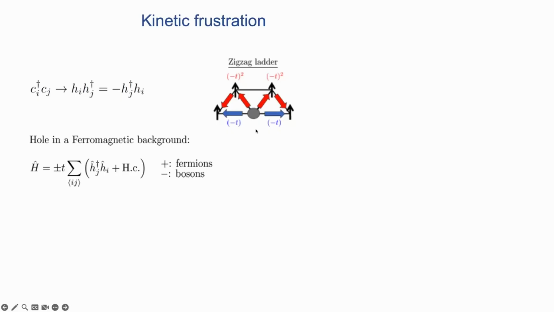The first thing that we recognize is that if we want to talk not about the original electrons but about holes, because we have just one hole and it's a more efficient language, we have to exchange creation and annihilation operators. Therefore what used to be the hopping term for the electron, when we turn it into the hole operator, acquires an extra minus sign. So the motion of the hole, like tunneling, has opposite sign.